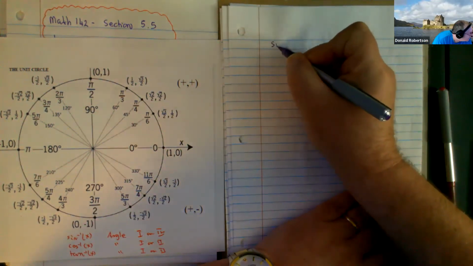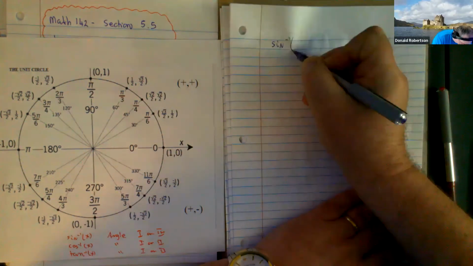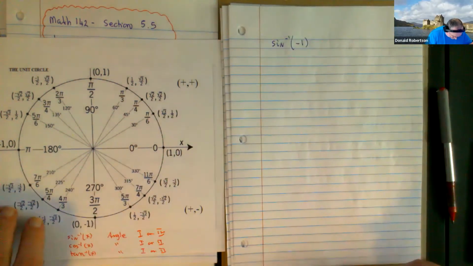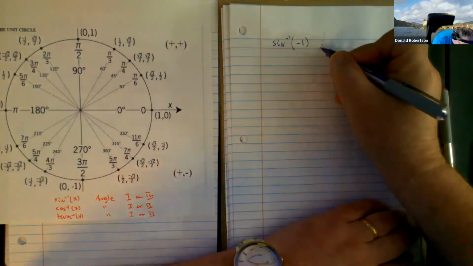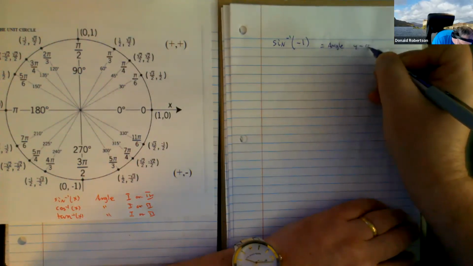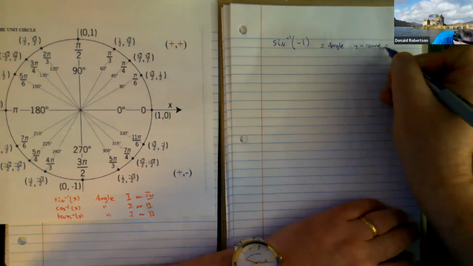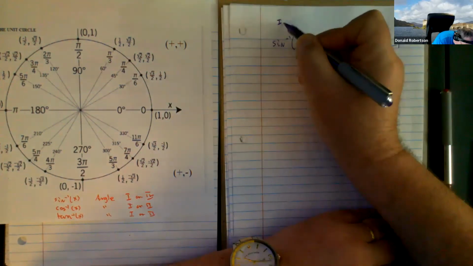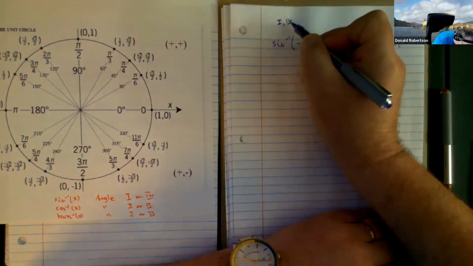The inverse sine of -1. Okay, so I'm looking for an angle whose y-coordinate is -1, and bearing in mind that your answers have to be in the first or the fourth quadrants.